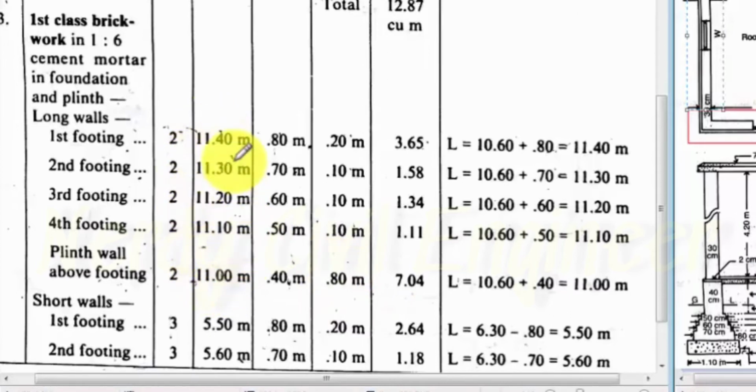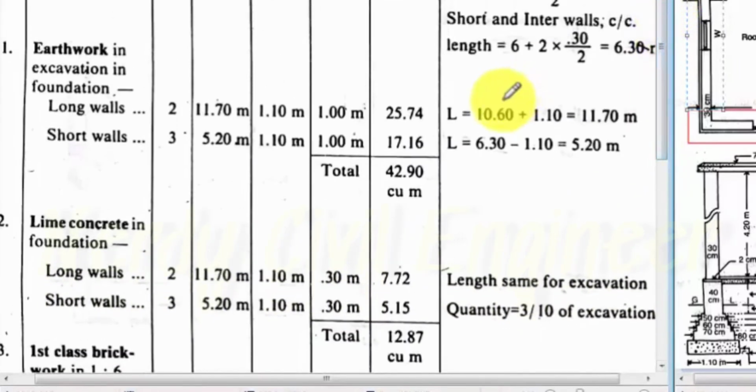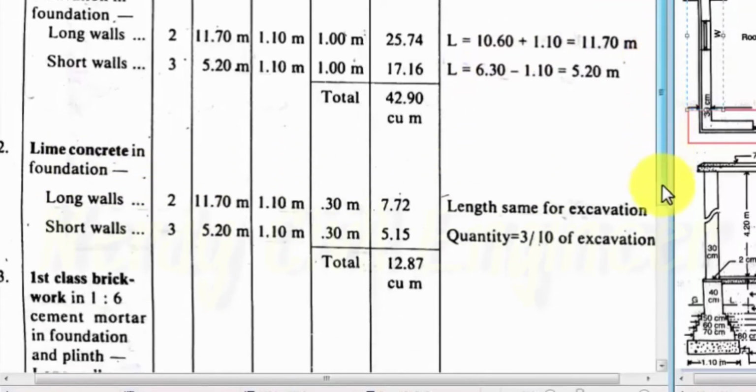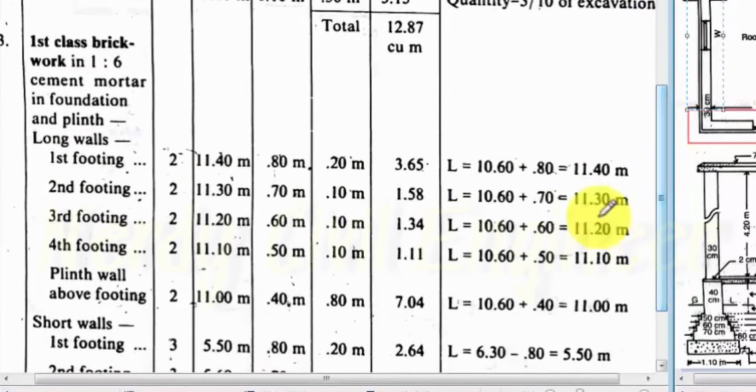That is because you can clearly see in the cross section that 20 and 60 is mentioned in the plinth. Just forget about the ground level, but the plinth has a height of 20 centimeter below the ground level, and above the ground level it has a height of 60 centimeter. It will give us 80 centimeter, that is 0.80 meter.